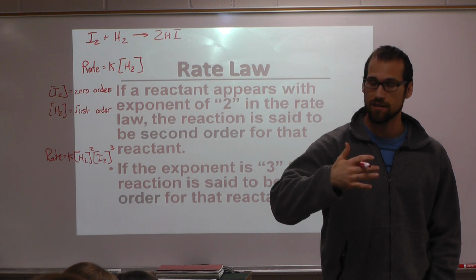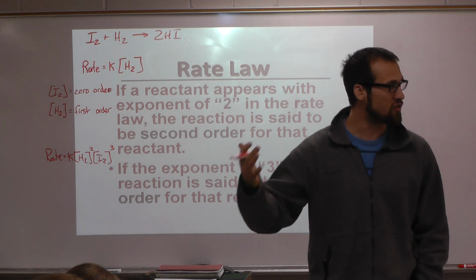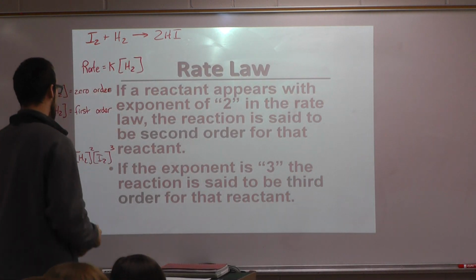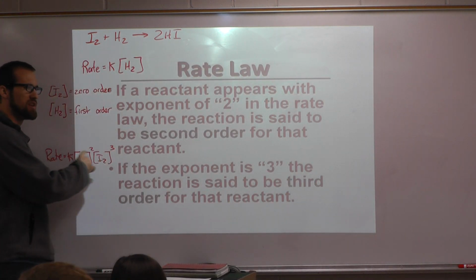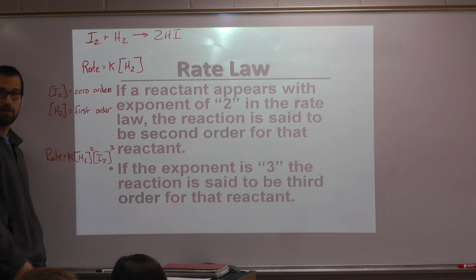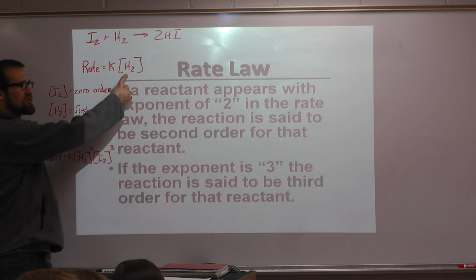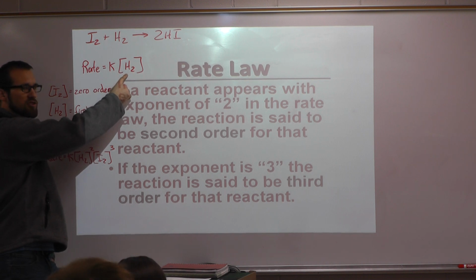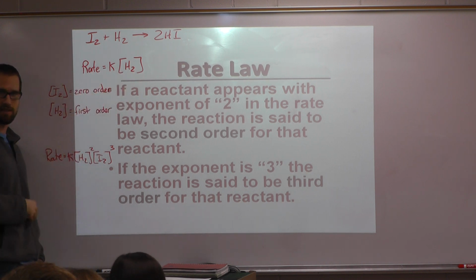Some things make the rate go faster than other things when you change their concentration. So, if I have a rate order of 3 versus 2, which one is going to change the rate more when I increase its concentration? The one that has third order. Does that make sense? For example, if I double the concentration of H2 in a first order reaction, the rate's going to get doubled.